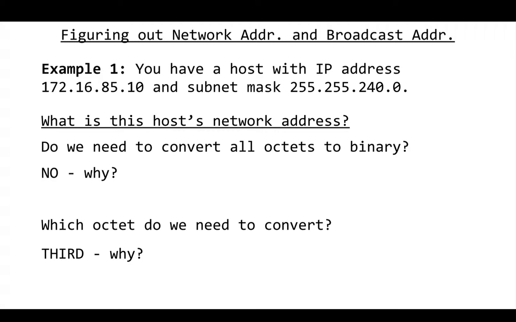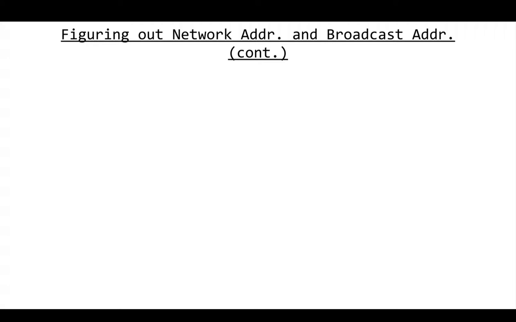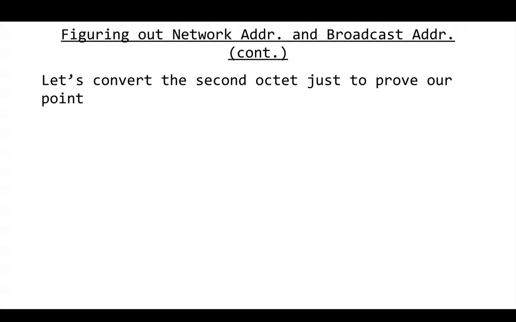Just to prove our point, let's look at the second octet. Students are usually pretty comfortable with the fact that if you AND anything with 0, you're going to get 0, so we won't worry about the fourth octet. But we have a 16 in the IP address. This is the binary representation of 16.